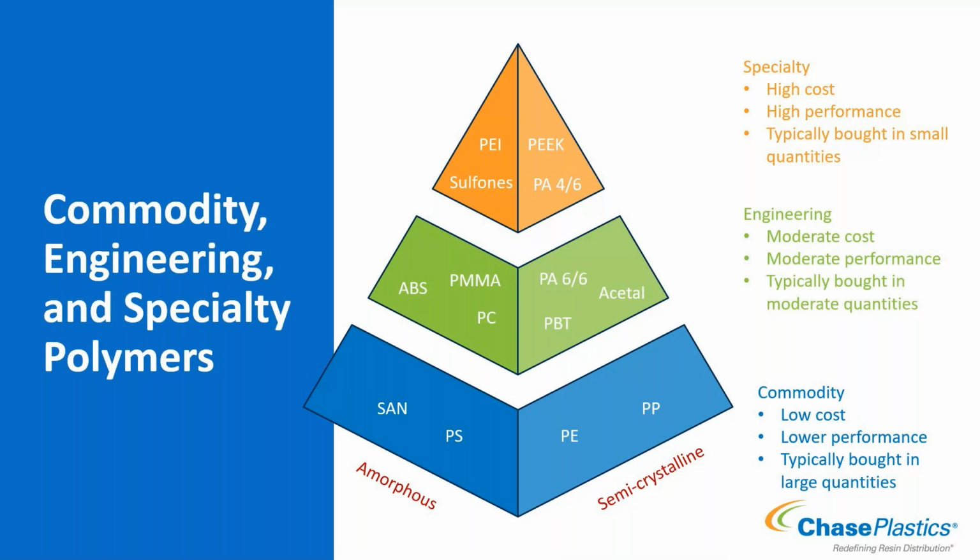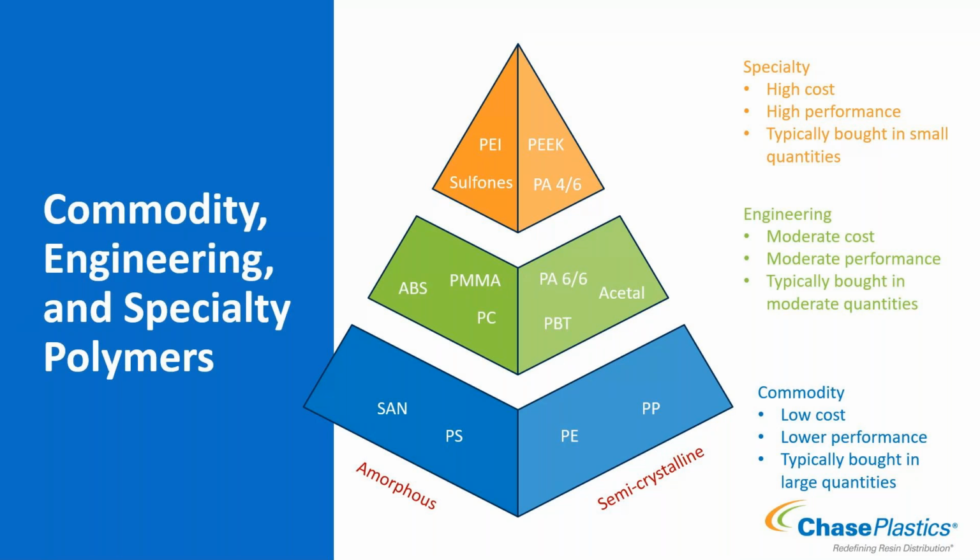And then you have top of the pyramid. It's going to be your specialty, highly engineered products that have really unique features or performance that put them at the very top. So stuff like PEEK or PPS would also be on the semicrystalline side, high temperature, really great chemical resistance performance. Then you have PEI, sulfones.